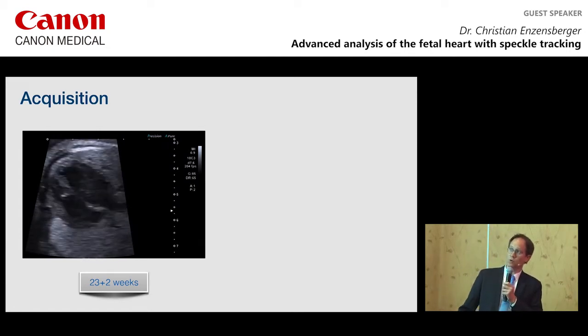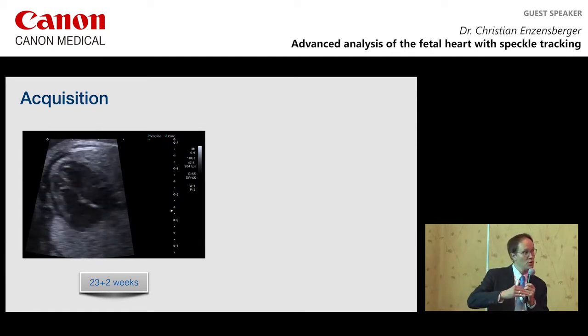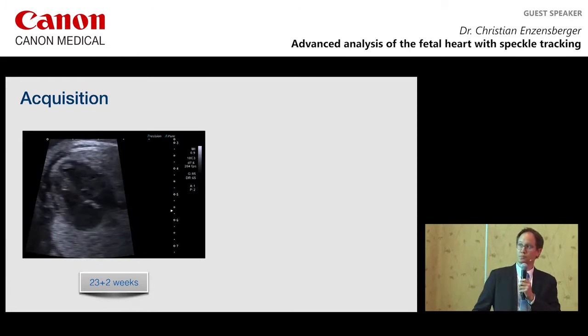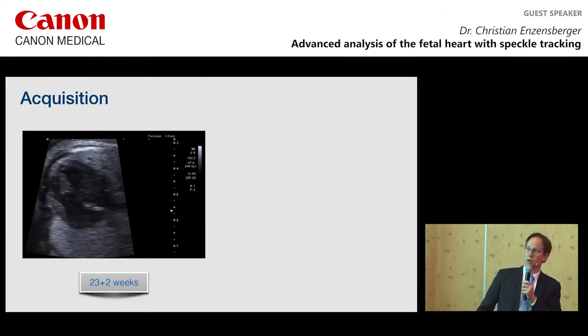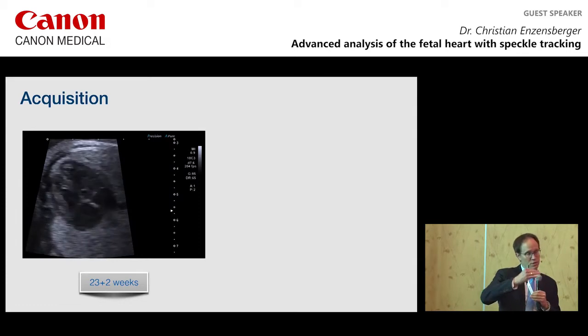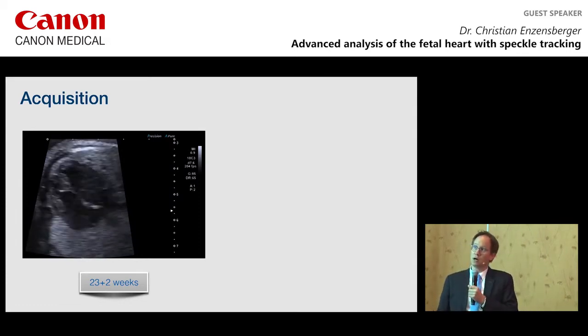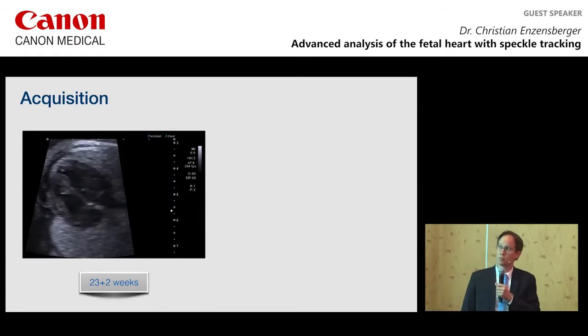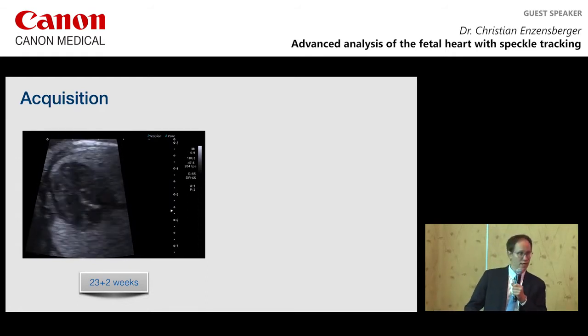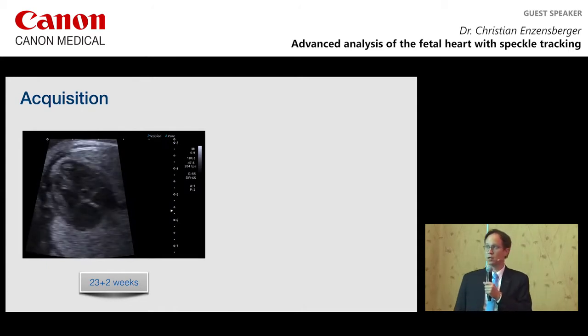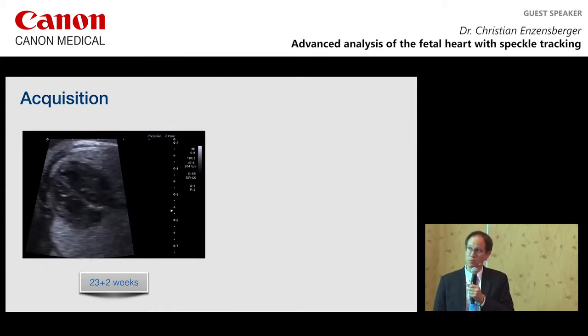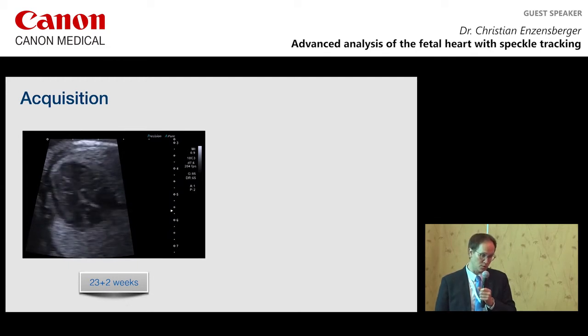So because you want to get to know the longitudinal peak systolic strain, which is an expression of the contraction, that means shortening and lengthening of the myocardium, you need a good axial resolution, and you will not lose information by a poorer lateral resolution.